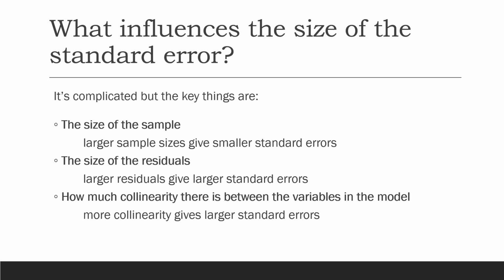And it's influenced by how much collinearity there is between the variables in the model. The more collinearity between the variables, the larger the standard error would be. Collinearity refers to including variables in the model that are highly correlated with each other. You remember that from one of our previous chapters.